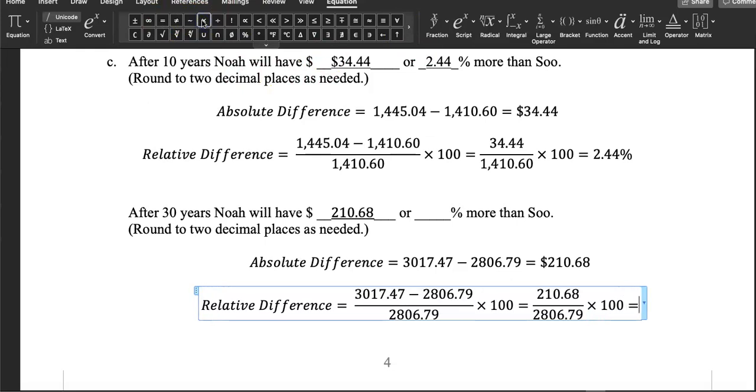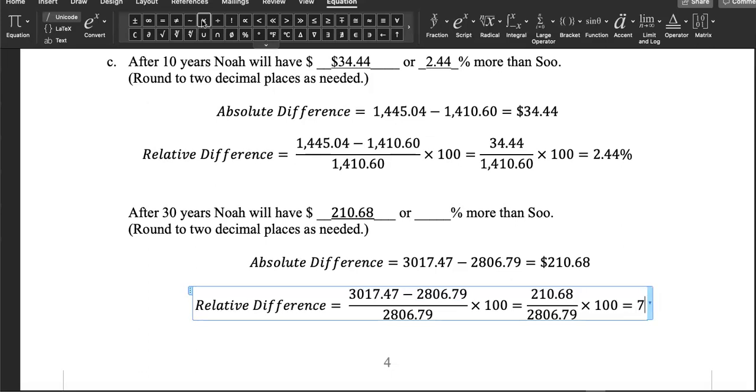So let's see, what's that answer going to be? Divide that by 2,806.79, multiply by 100. Since those are simple calculations, I'm just doing them on my handheld calculator. And that came out to be 7.51%.